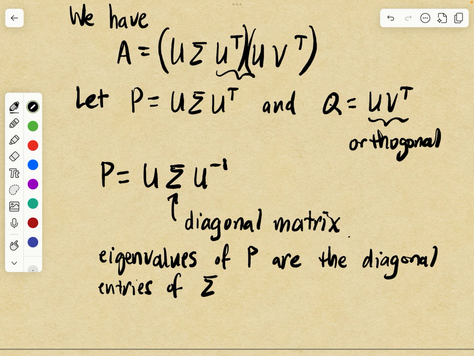And we know that the diagonal entries of sigma are the singular values, which are greater than or equal to 0. So P has non-negative eigenvalues.